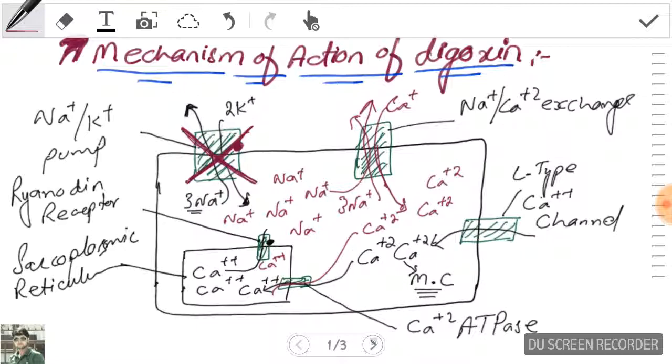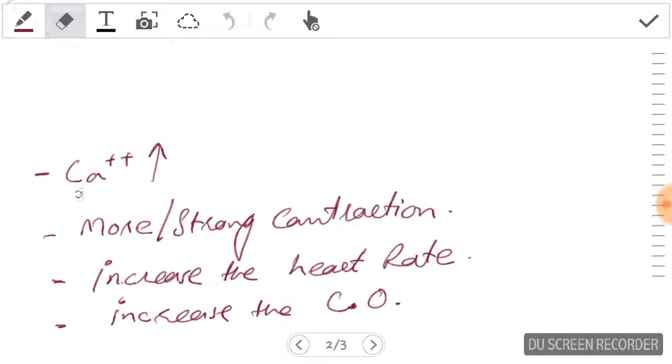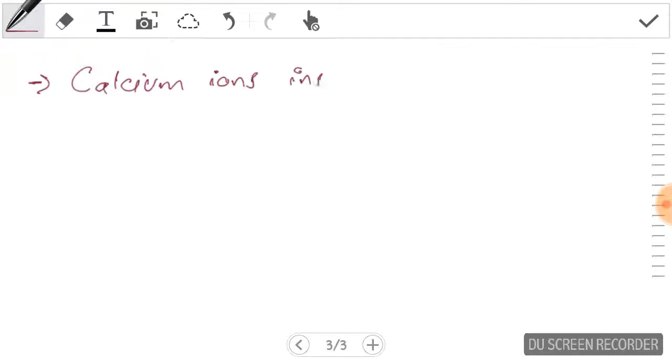So we can see that the calcium ions inside the cell increase.